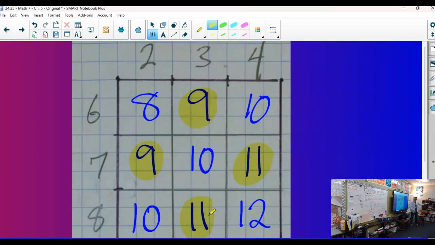So Owen's saying the chance of odd is 4 out of 9, right? Because we got 9 results here in our table. And he said the chance of even is 1, 2, 3, 4, 5. Okay, so Owen's saying even is more likely.